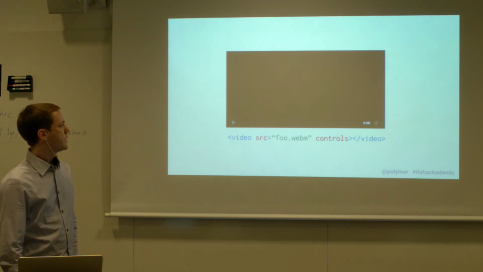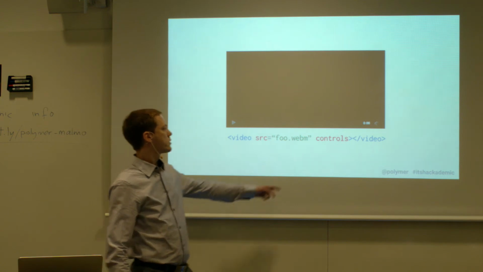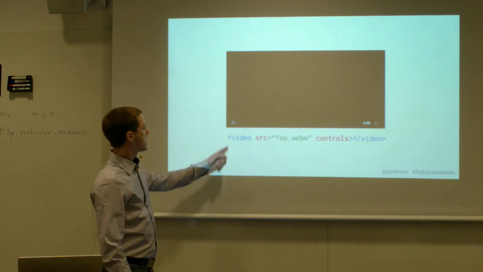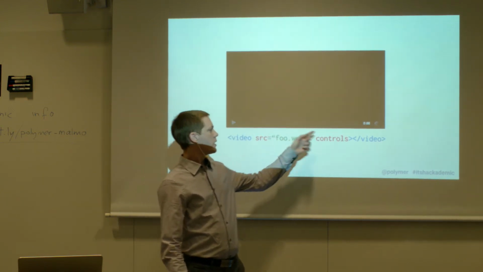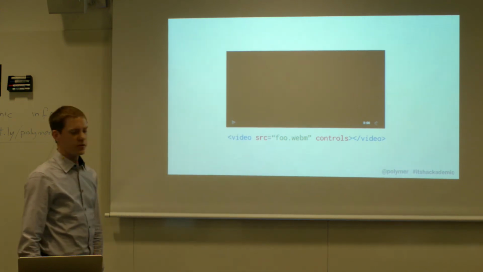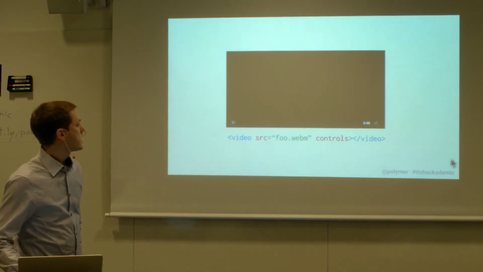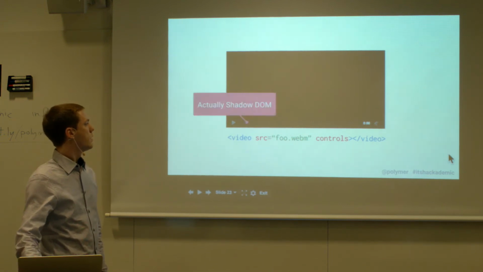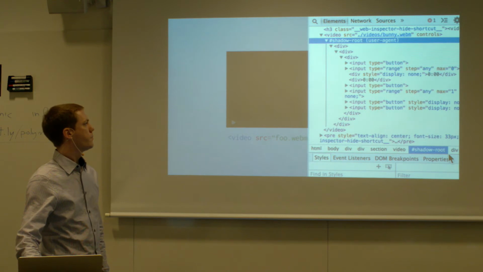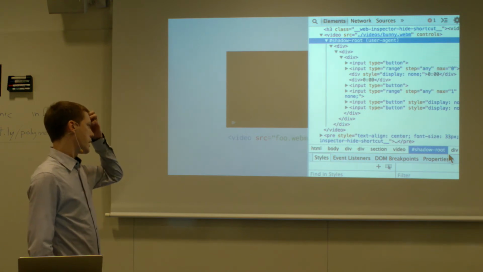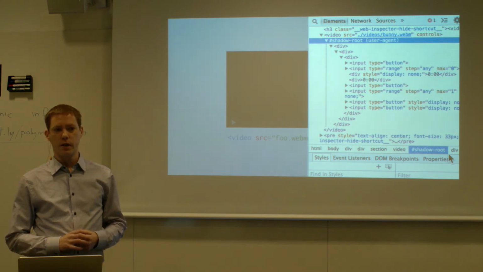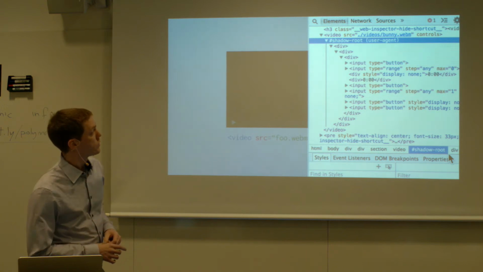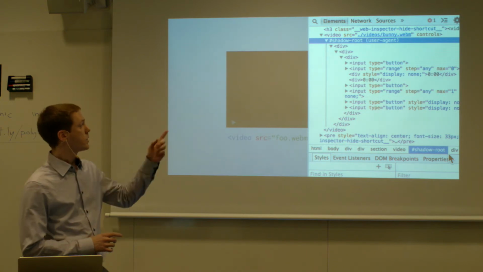This is a video tag, and you add a source to a video file, and there's a video showing up. And then you add this controls attribute, and suddenly you have this little nice arrow and this tracker, or whatever you call it, progress bar for the time, and some mute buttons and stuff. And that's actually shadow DOM. And it looks like this. If you inspect a video tag in DevTools today, if you have enabled in the settings for DevTools to show user agent shadow roots or shadow DOM, then you can see it like this up here.